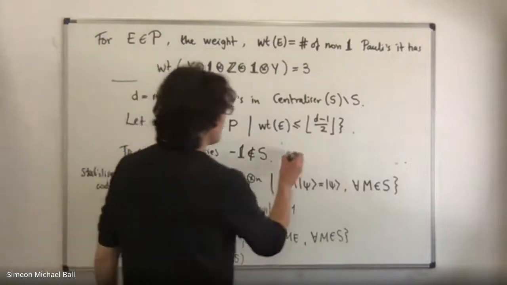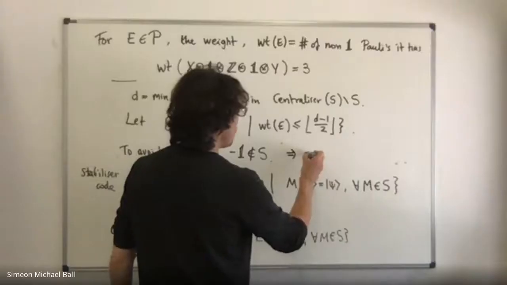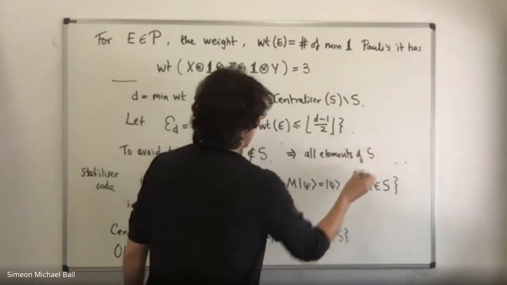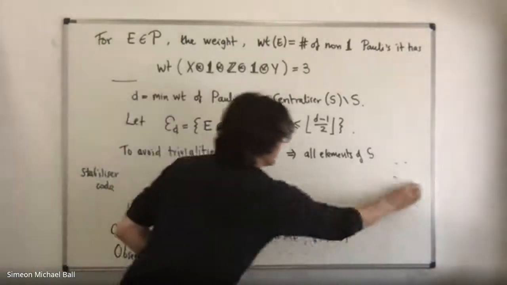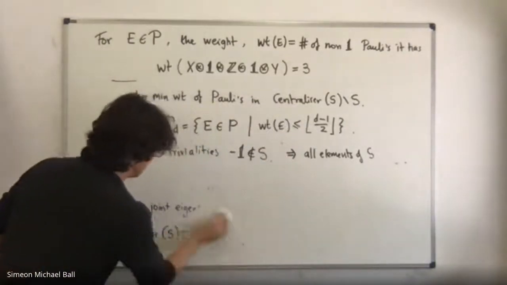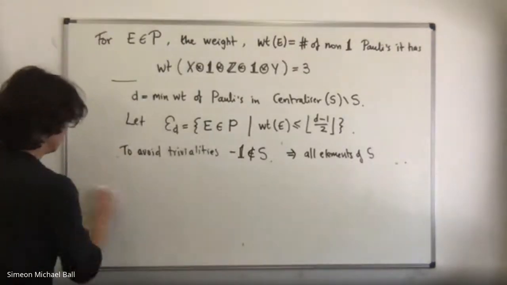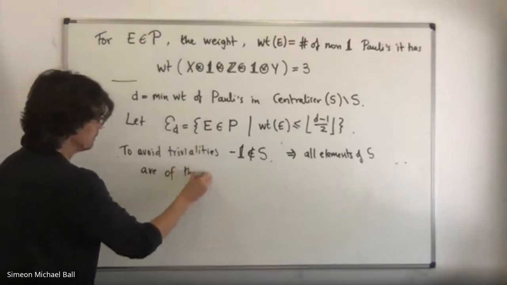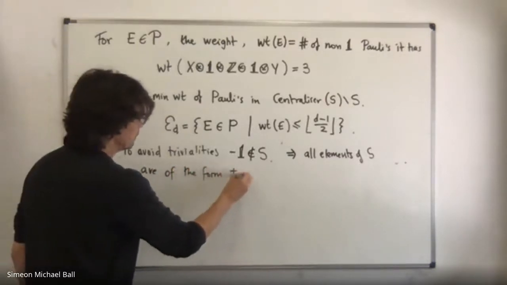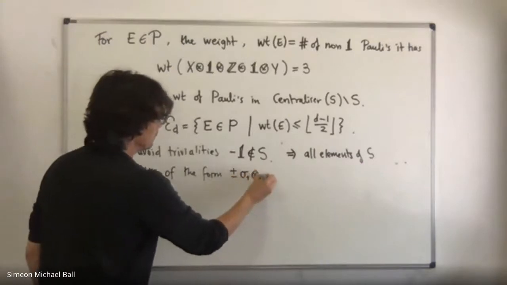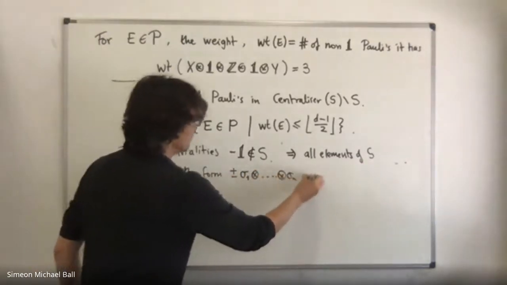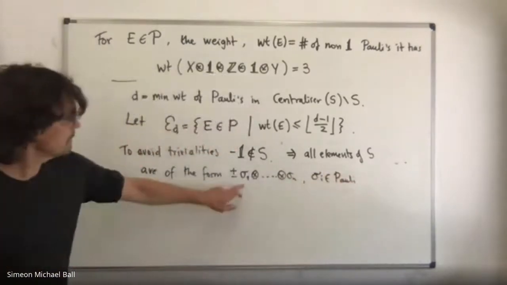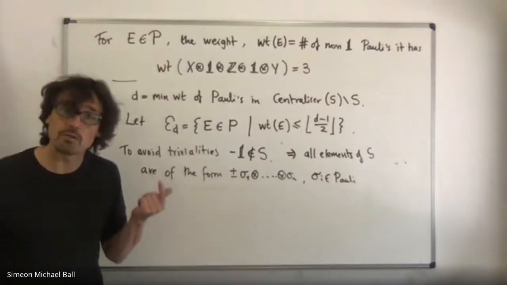That implies that all elements of S are of this form, because remember, all the Paulis square to the identity.